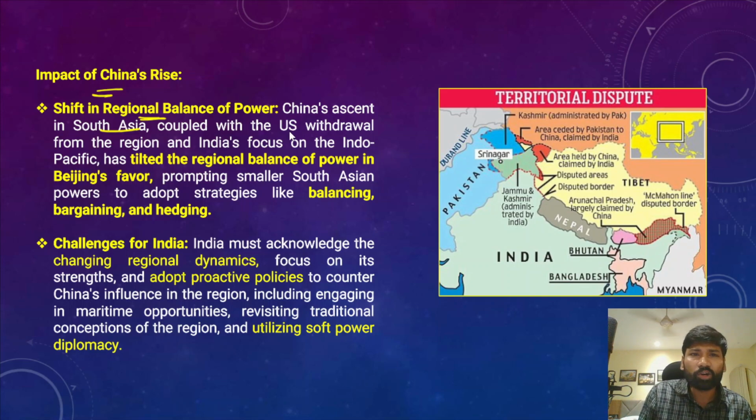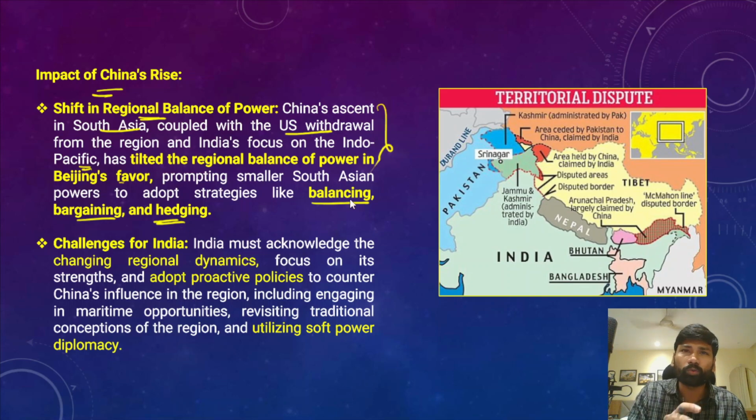This has been coupled with US withdrawal and India's focus on the Indo-Pacific, so the regional balance is now tilted in favor of China. Therefore, most of India's regional neighbors have adopted strategies like balancing, bargaining, and hedging, whether it is Sri Lanka, Maldives, Pakistan, or any other country in the region.